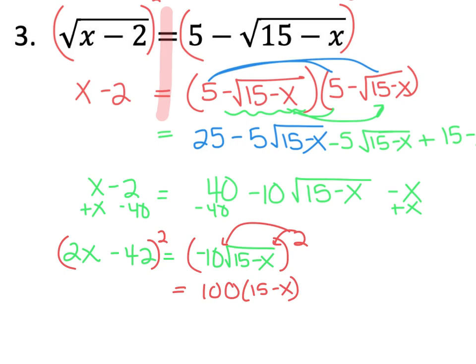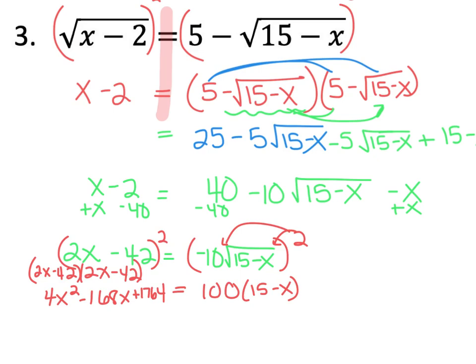On the left side, I'll just expand it to show you: 2x minus 42 times 2x minus 42. I'm going to quickly do this, would give me 4x squared. I'd have minus 84x minus another 84x would be minus 168x, and negative 42 times negative 42 is positive 1,764. All right, definitely getting closer.